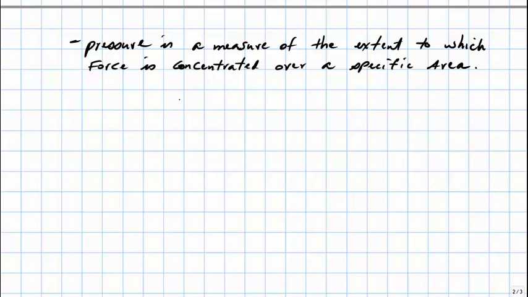The symbol for pressure is P. The equation for pressure is simply force divided by area, and from this equation we can extract the units.